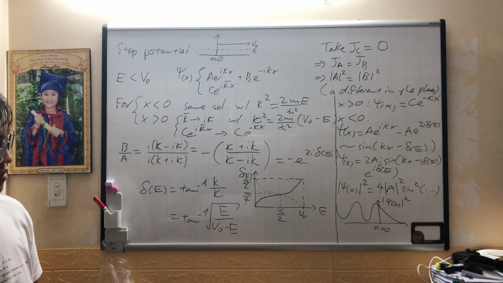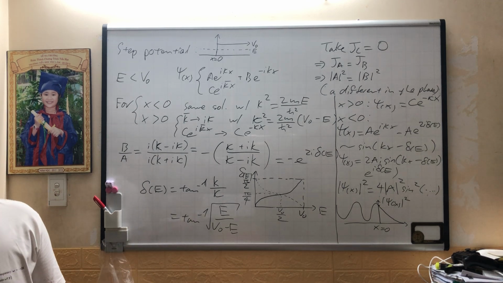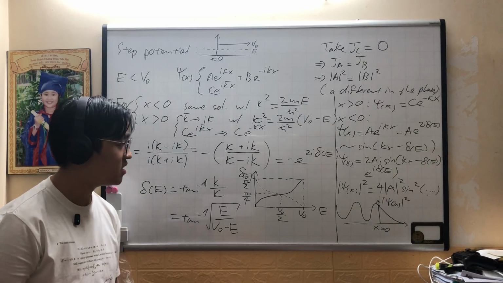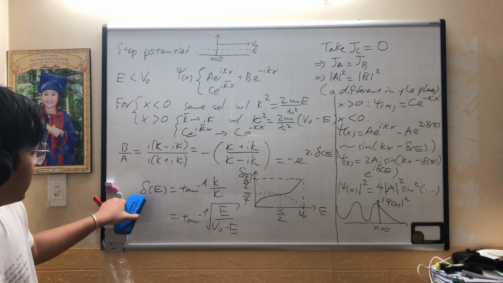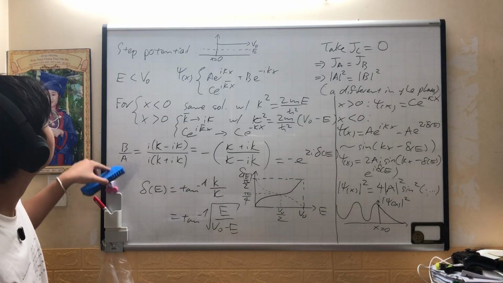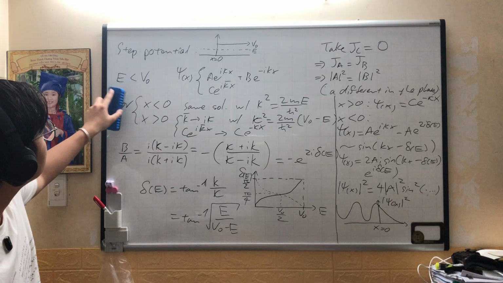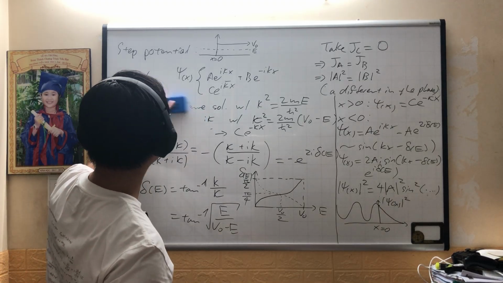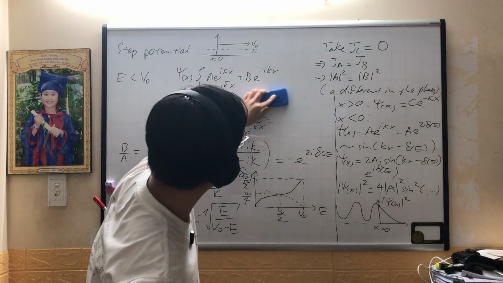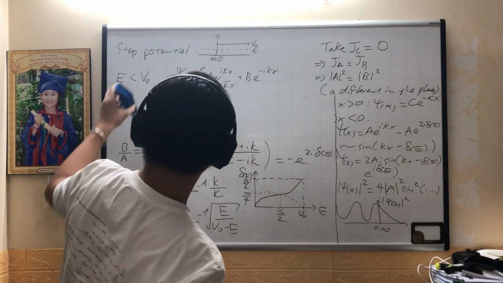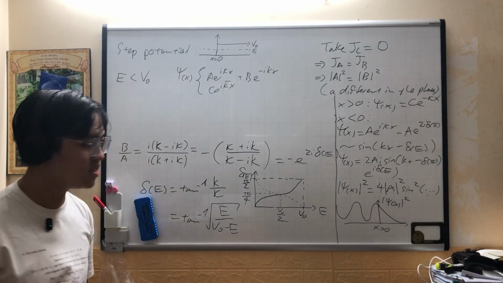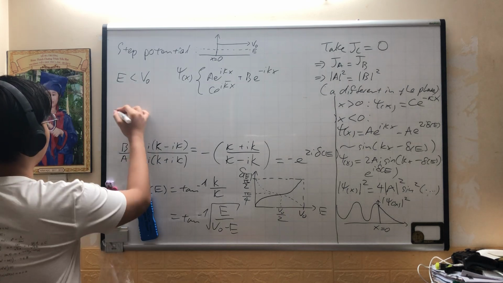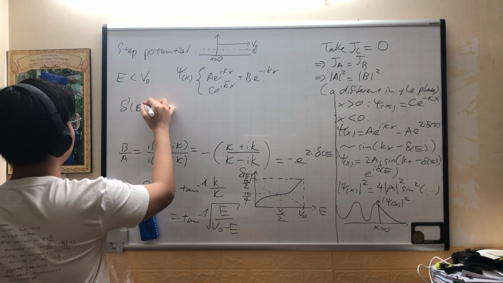Right, so now we're going to take a look at the last thing, which is the time delay. And we're going to make use of our phase shift here. So erase this part. It's going to be brief, I hope so. For the time delay, we're going to take a look at the derivative of our delta of e.